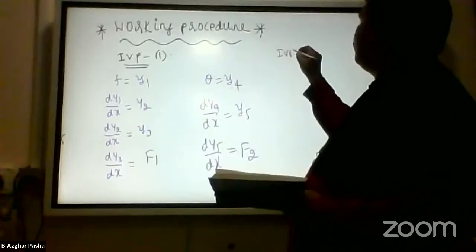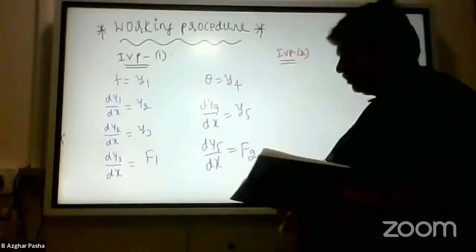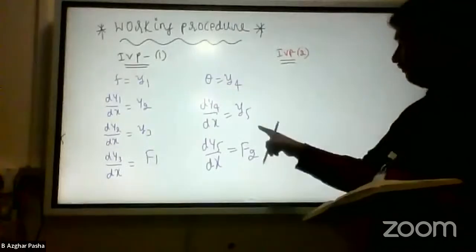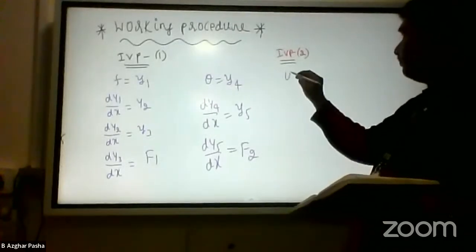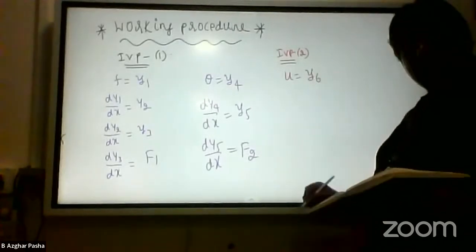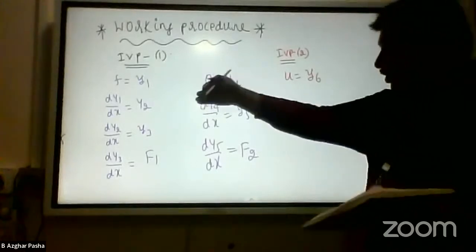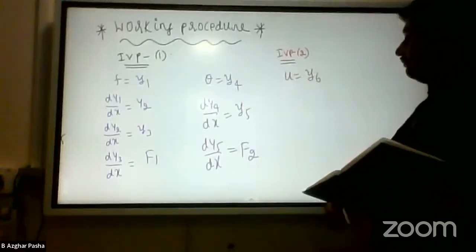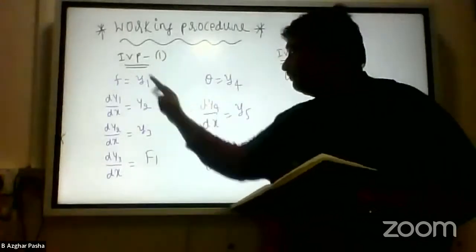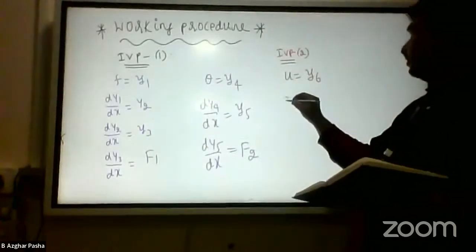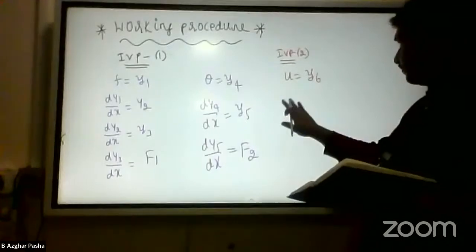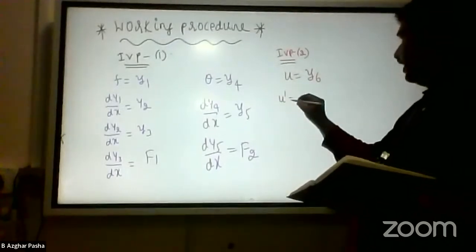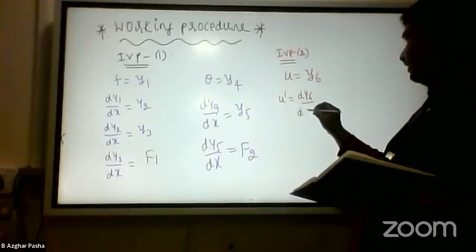Related to IVP2, we have to consider y5 is over. Now the variable u, call it y6. The same counterpart you have to write. u is the counterpart of f here. Next, u dash. u dash is dy6 by dx.